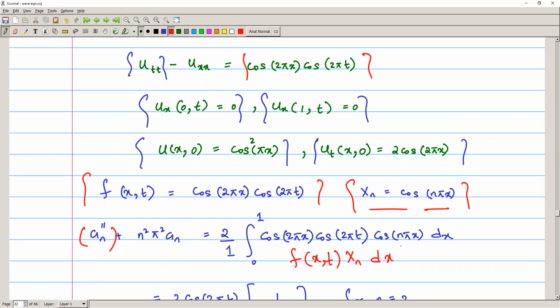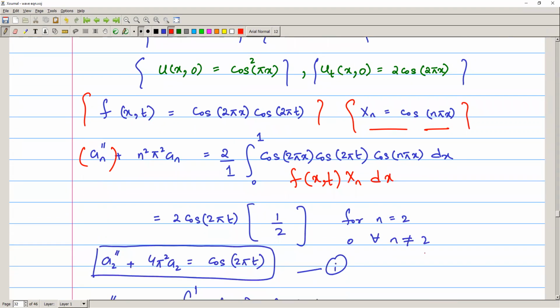We have to integrate this function from limits 0 to 1. We can see that x is between 0 and 1 by the boundary conditions. Therefore, we will integrate from 0 to 1, and this cosine 2 pi t can be treated as a constant, so we can move it outside the integral.